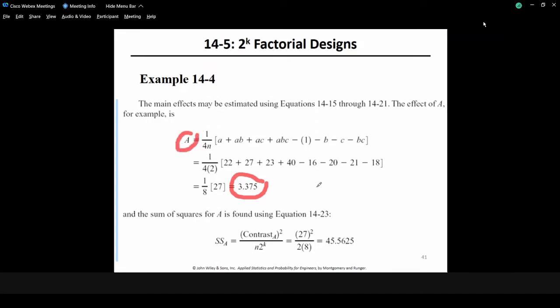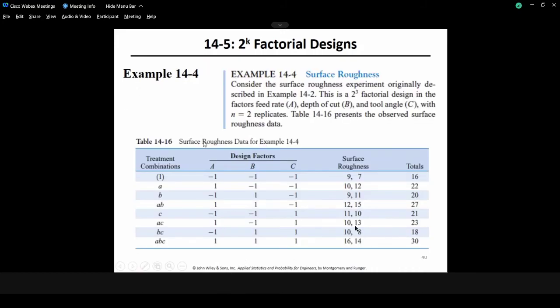So I think check again my calculation. 9 plus 3.375. Oh, okay. Guys, I think you check back again. Something is not right in my calculation. It is very difficult to check the numbers again.